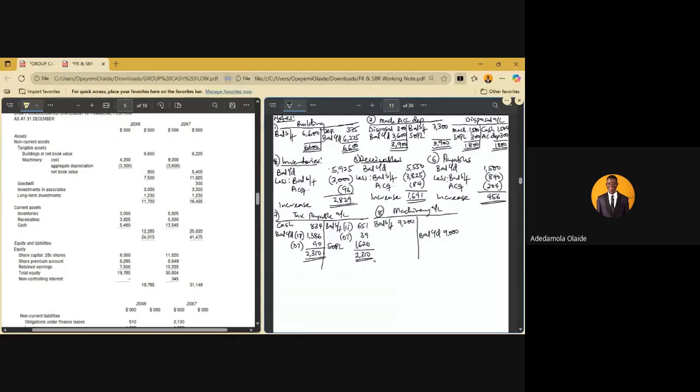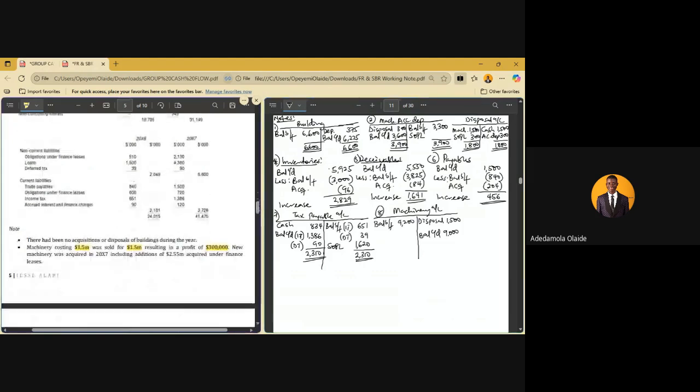What are those things we have? First of all, disposal. How much? 1,500 is the cost of the machinery that was disposed. And what else did they tell us? They acquired new machinery, which include a 2.55 million that was acquired under finance lease.